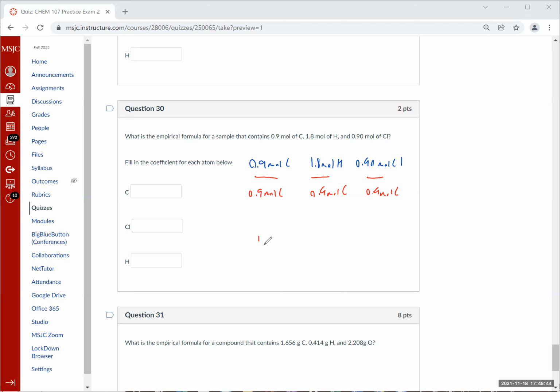So we get 1 mole of carbon, 2 moles of hydrogen, and 1 mole of chlorine. This is a whole number ratio, so we don't have to move any further than that. So it would be C1, Cl1, H2. Does this example of an empirical formula calculation make sense?